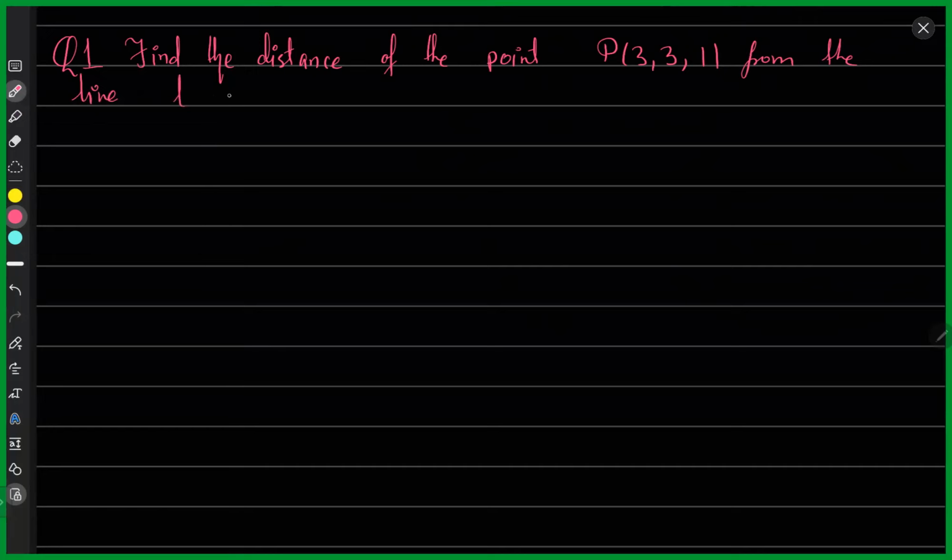Question number 1. Find the distance of the point P(3, 3, 1) from the line L whose equation is r equals (-4, 3, 0) plus t(1, 2, -4).